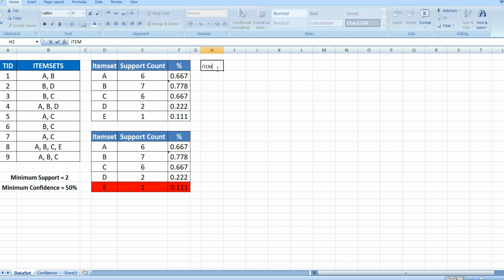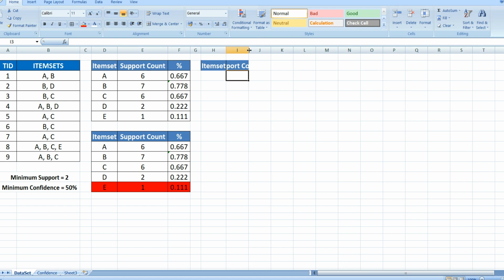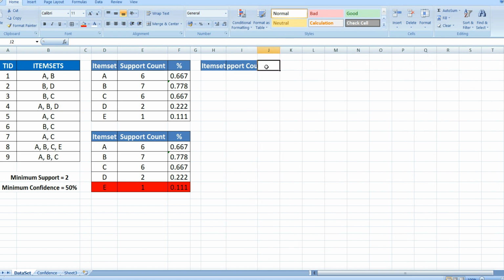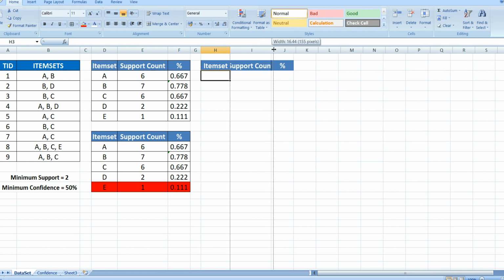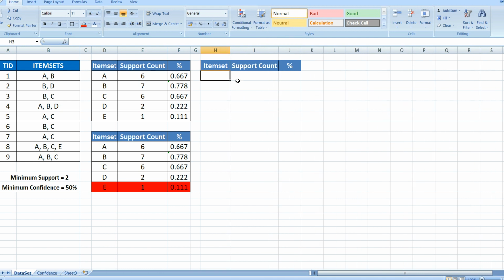So this is where we said the process is iterative. So we continue. Then let's try to come up with a combination of the next item values.